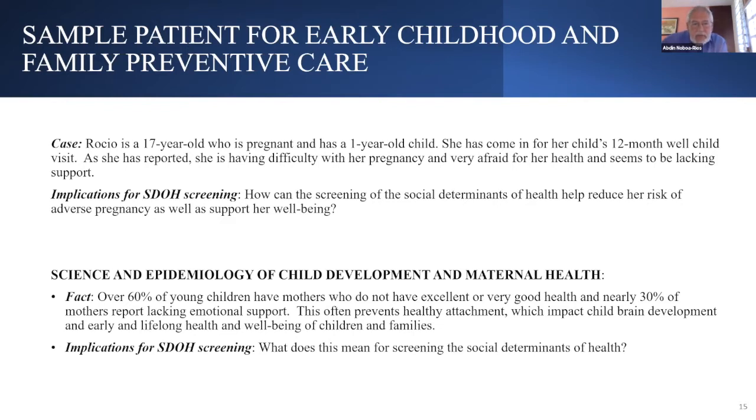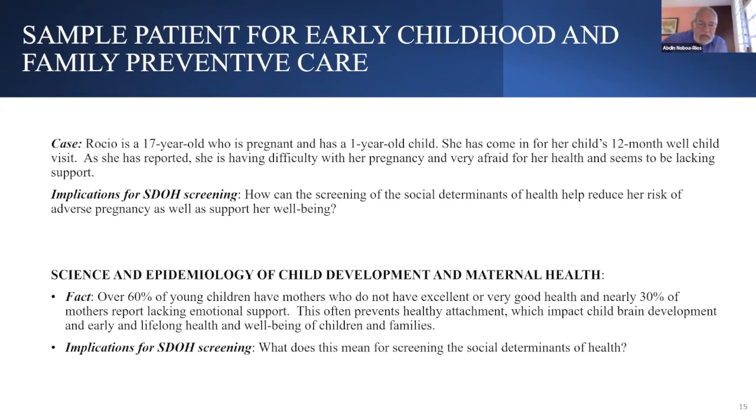As she has reported, she is having difficulty with her pregnancy and is very afraid for her health and seems to be lacking support. Implications for SDOH screening? Question: how can the screening of the social determinants of health help reduce her risk of adverse pregnancy, as well as support her well-being?